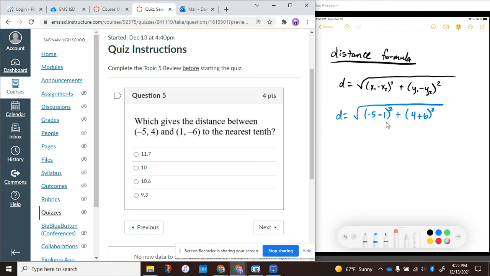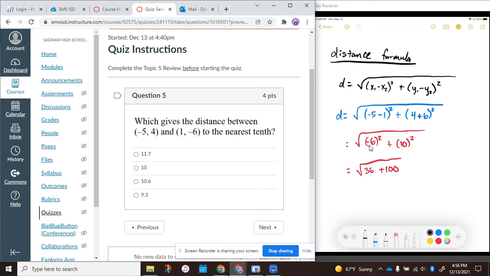So instead of having a big old mess of stuff, turn it into -6 squared plus 10 squared. Even better, we already know what -6 squared is, that's 36, and 10 squared is going to be 100.